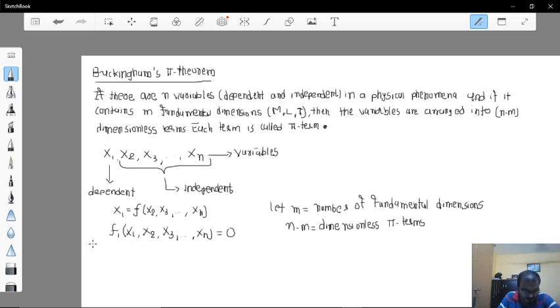So we can write down here that f of pi 1, pi 2 up to pi n minus m is equal to 0.